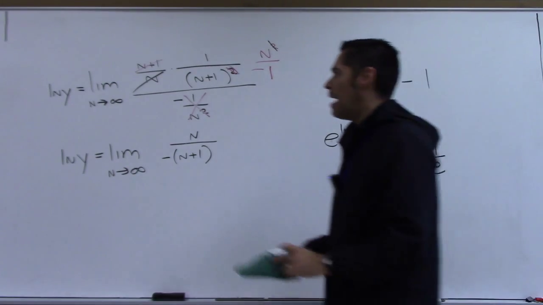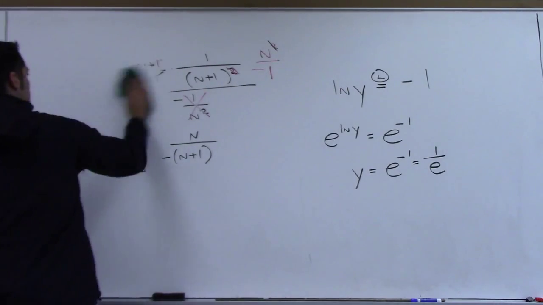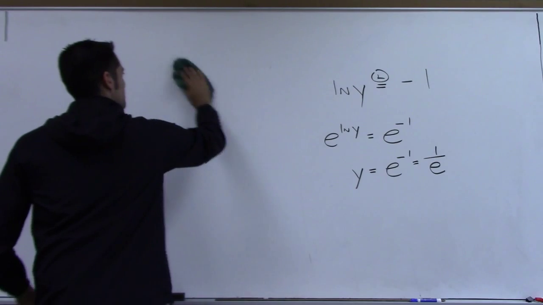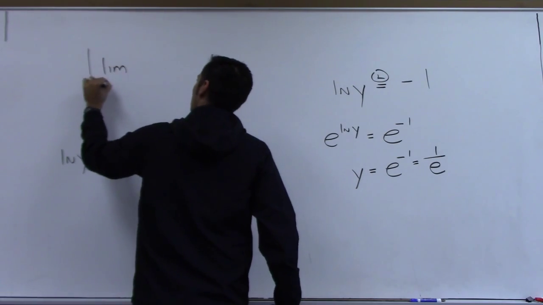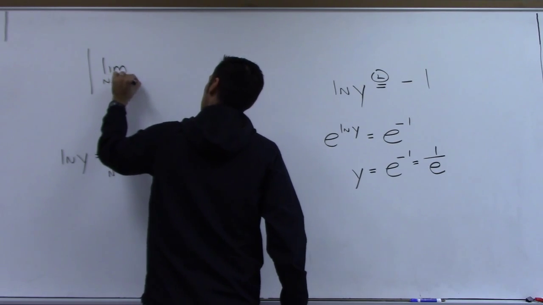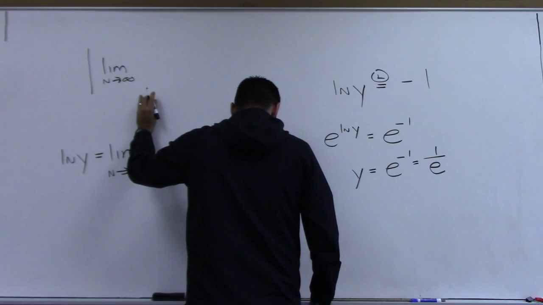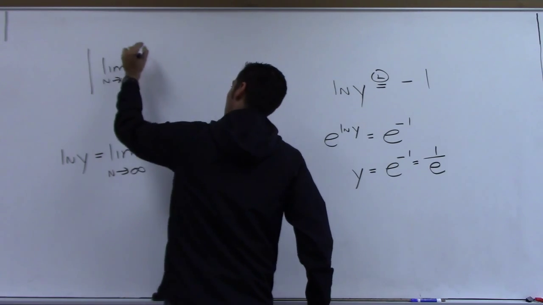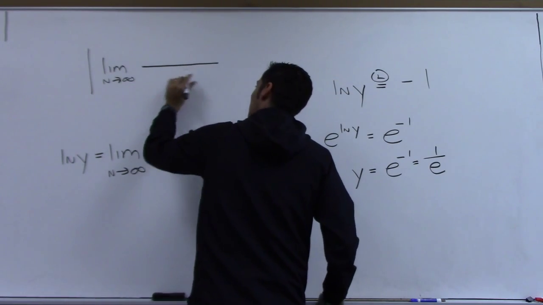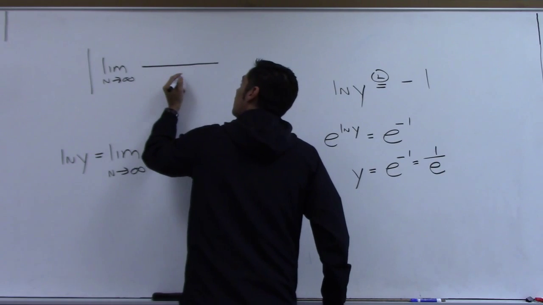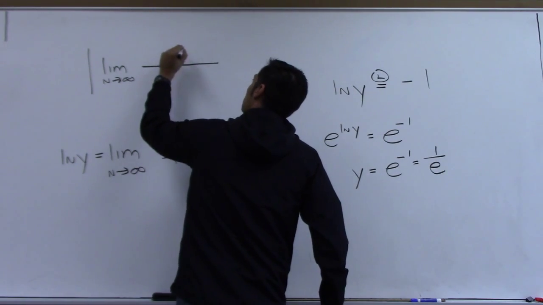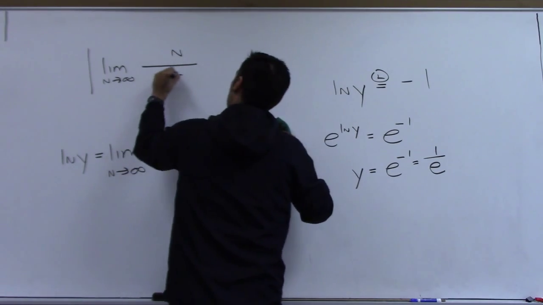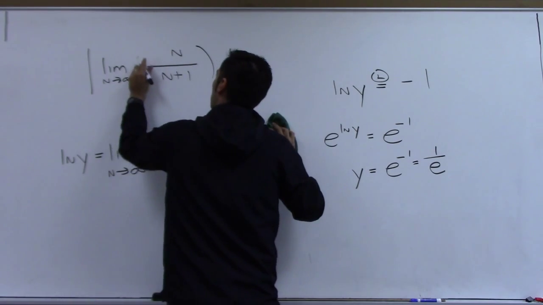So let's go back all the way now to my ratio test. My ratio test had the absolute value of the limit as n went to infinity of, the factorials canceled, the n plus 1s canceled, and I remember, it was n over n plus 1 to the n.